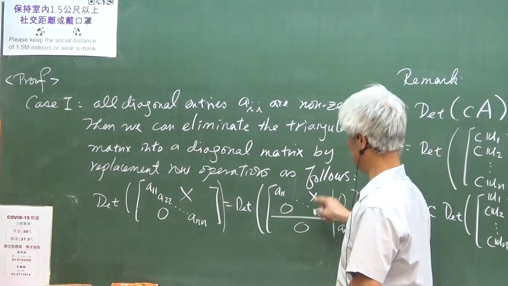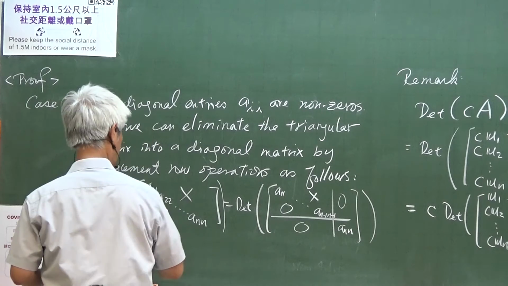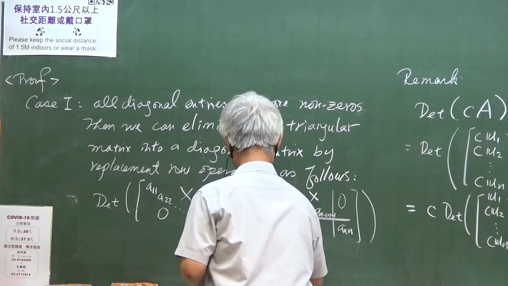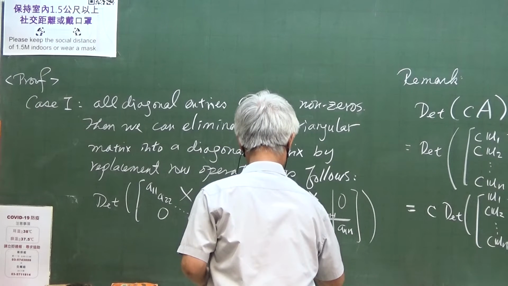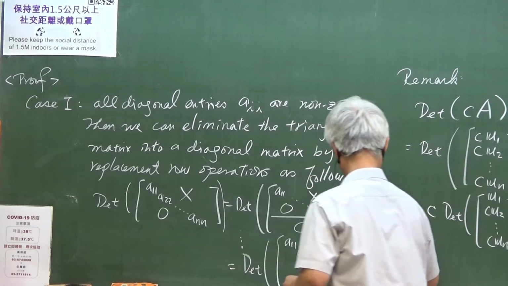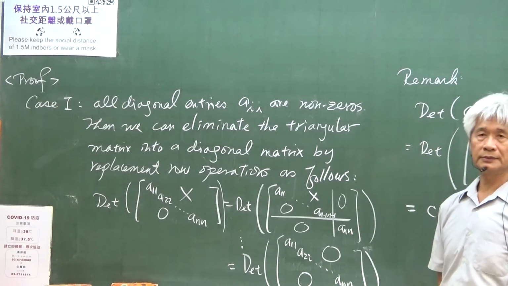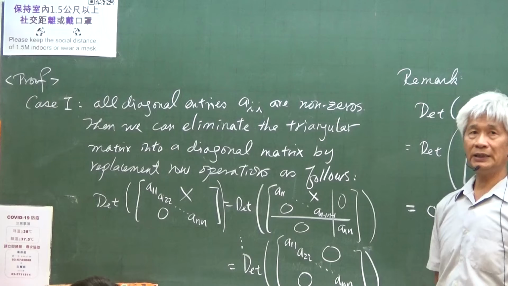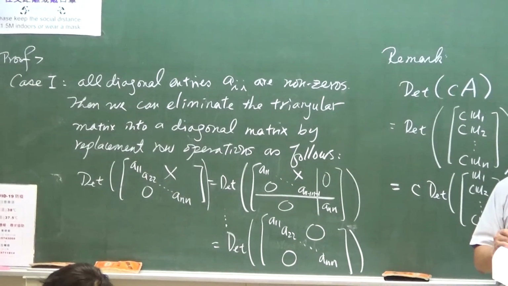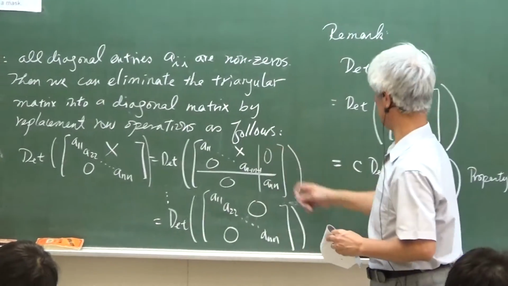So we can do so, and it becomes the determinant of A11, A22 up to Ann, and they are all zeros. Any questions? Just by the replacement operation, and every replacement operation will not change the value of the determinant.